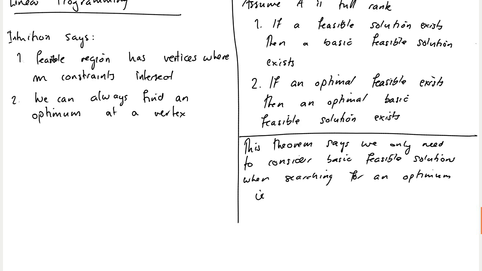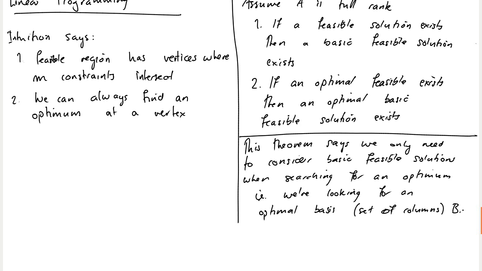I.e., we're looking for an optimal basis, which means a set of columns B. So we're just looking for which set of columns we need to choose that will give us our best solution. So that's basically what the simplex method is about.